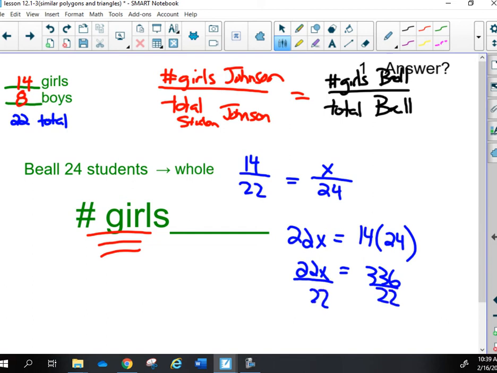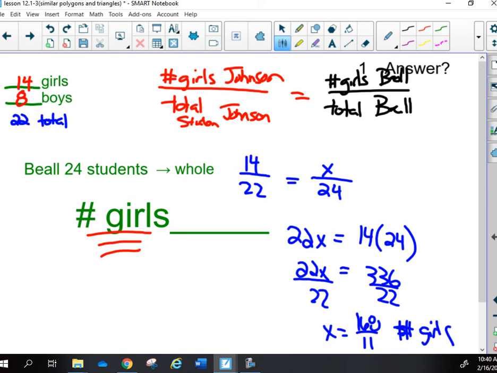I know I'm going to get a fractional answer here. You can reduce this down all you want; I don't care if you leave it. In this case, it's an application problem, so if you just left it as an improper fraction, you wouldn't really be able to know how many people that is. 168 over 11 number of girls.